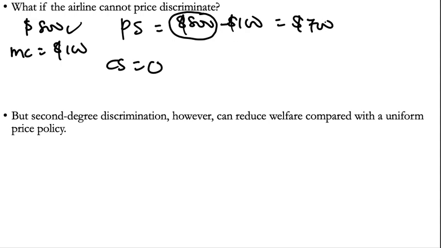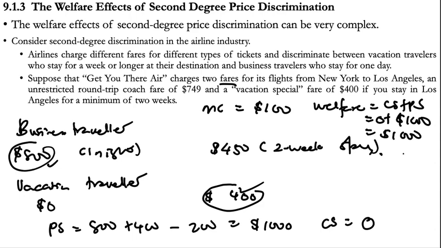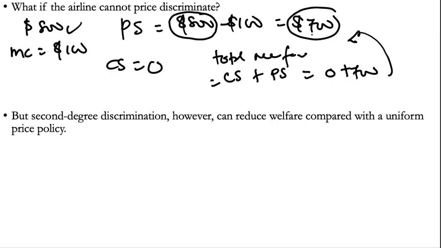So the total welfare now is 700 only, after minus the cost here, because total welfare should be consumer surplus plus producer surplus. So 0 plus 700 gives you 700. Okay, so can you see? I'm talking about the total welfare.